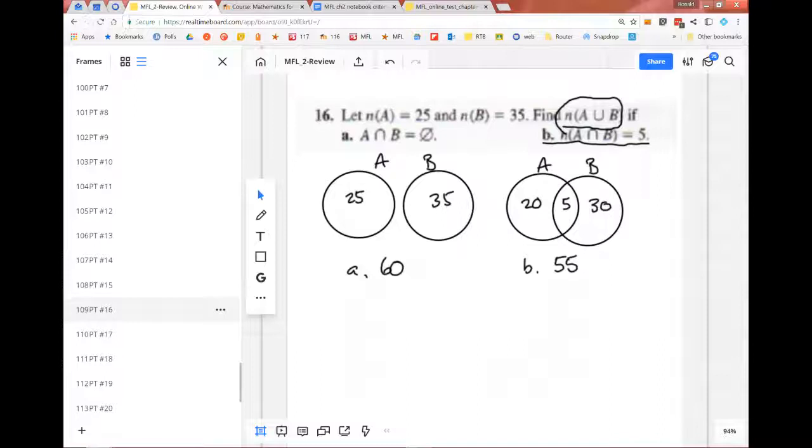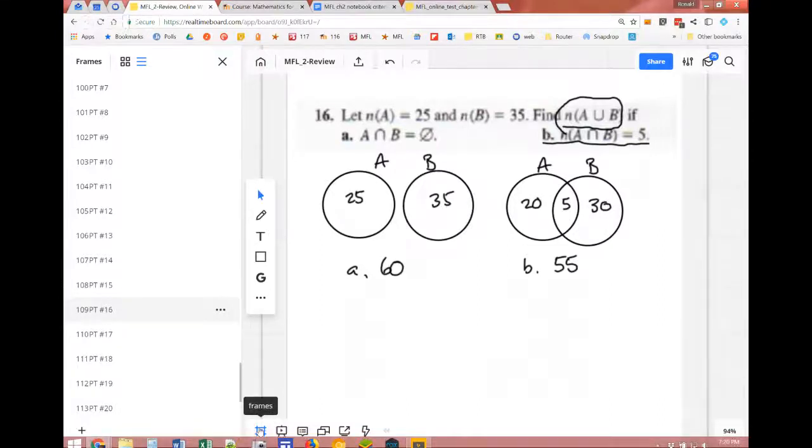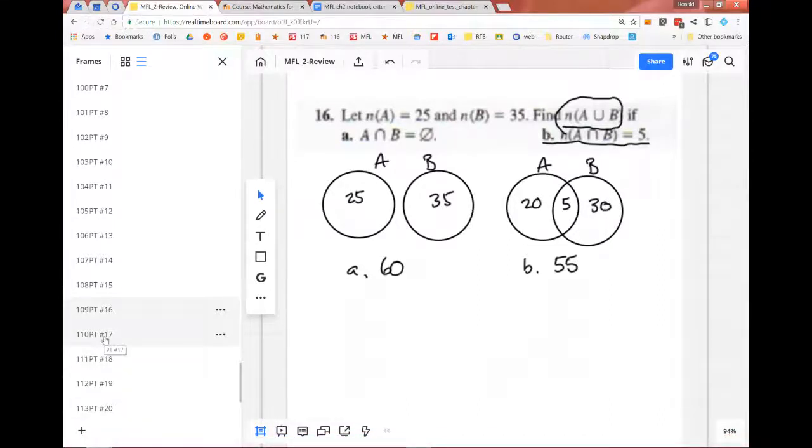Then because A is 25, that leaves 20 for the outer section of A. B is 35, that leaves 30. Now, what's the union of those? 55. 20 plus 5 plus 30 is 55. So that's 16. Is that clear? Yes, it's really clear. Thank you.